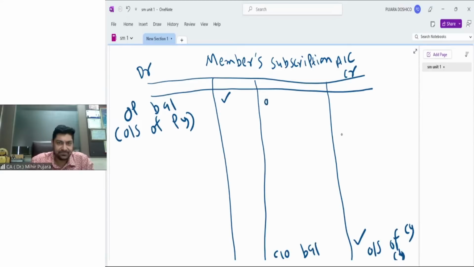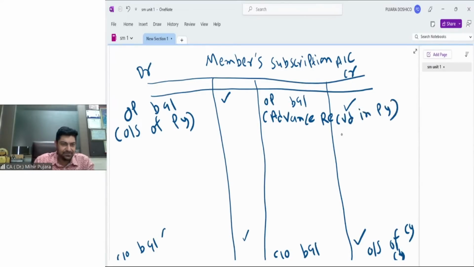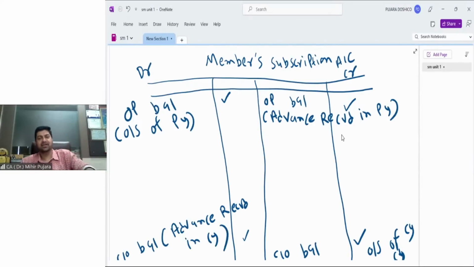Here, opening balance, closing balance. Now what is this? Advance received in previous year, advance received in current year. Please write this, guys. Two opening and two closing.